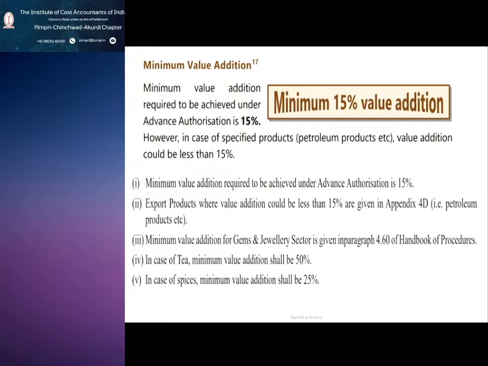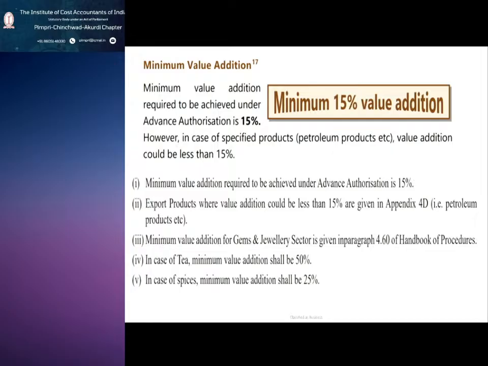That is given in Appendix 4D, which is related to petroleum products. And for the value addition for the gems and jewelry sector, we need to refer to this handbook. And for tea and spices, you need to see the minimum value addition.